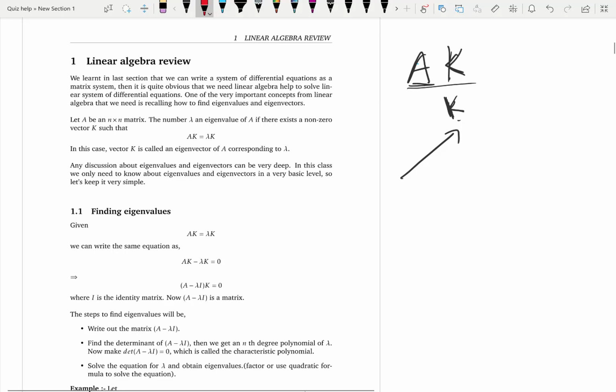So that's really what happens when you multiply by a matrix: a transformation happens. And what you would expect is for the vector K to change, right? But let's say when you multiply by this matrix A, the only thing that happens is that you either stretch this vector K without changing the direction, okay? Then the new vector will be lambda times K, a constant times K, right?